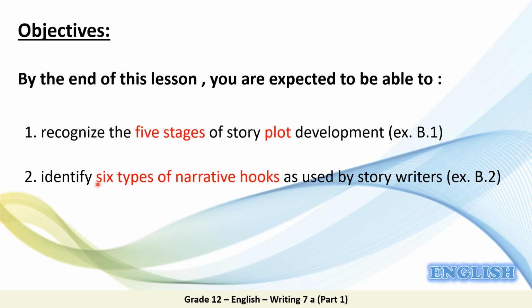Number 2, we will identify 6 types of narrative hooks as used by story writers. So writers use narrative hooks. What is a narrative hook, and what are the 6 types of these narrative hooks? This is what we are going to identify in the second part of the video.